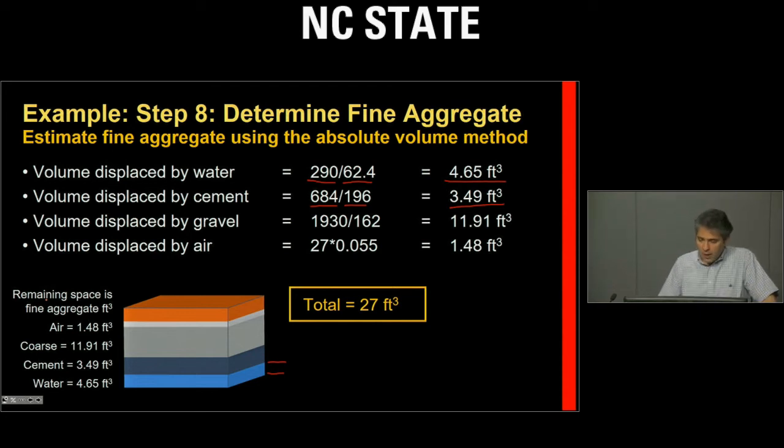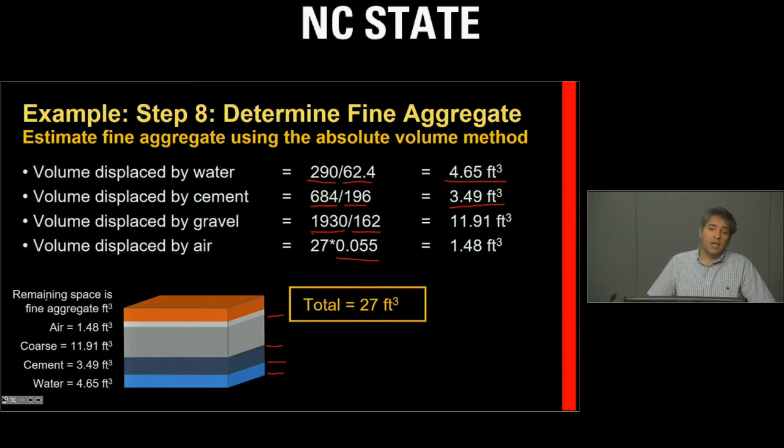Then we have the coarse aggregate or gravel, for which we calculated the weight. We know the density of that, and we calculate the volume of it inside the mixture. We also know we have 5.5% air for our exposure condition.